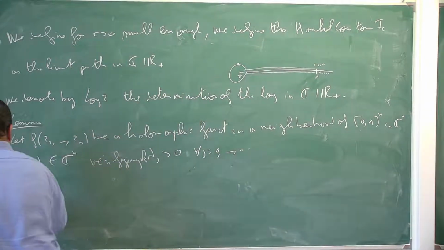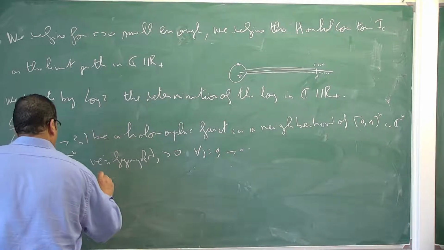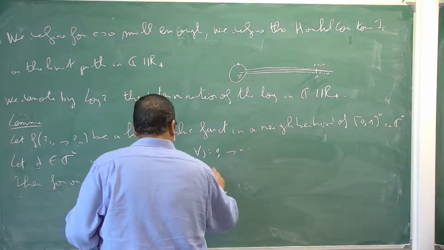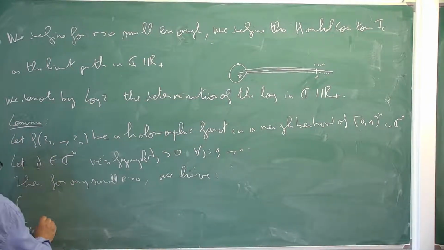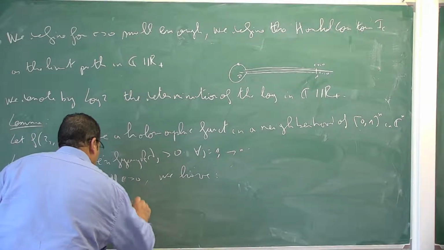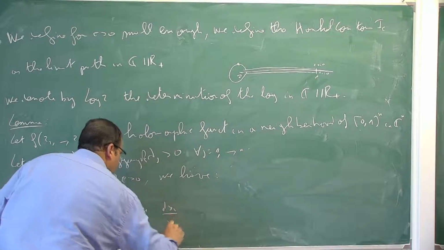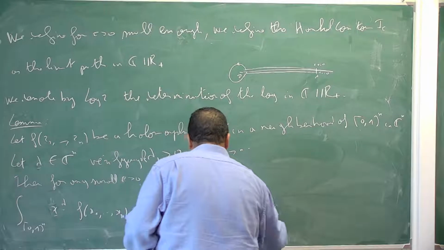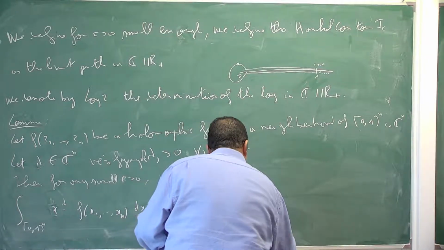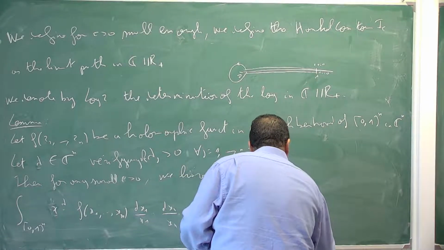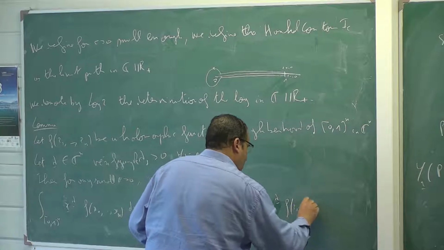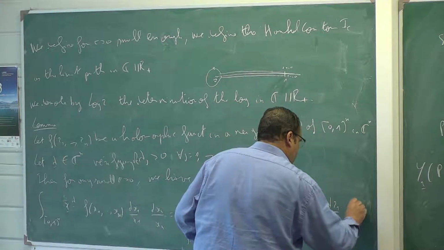Then for any small epsilon positive, we have the following formula: the integral over [0,1]^n of x to the power lambda f of x1 ... xn dx1 over x1 ... dxn over xn is equal to 1 over the product from j equals 1 to n of exponential of 2 pi i lambda j minus 1, times the integral over E epsilon to the n of z to the power lambda f of z1 ... zn dz1 over z1 ... dzn over zn.